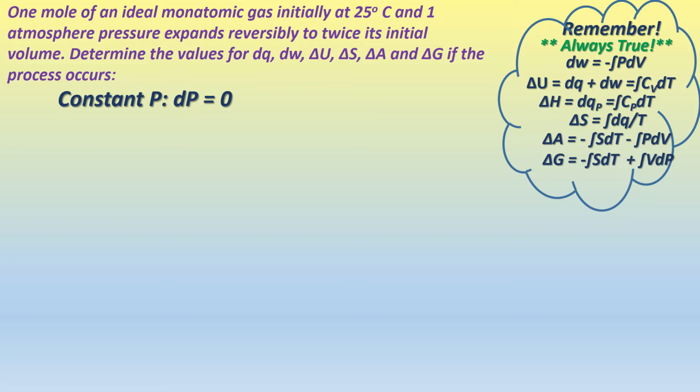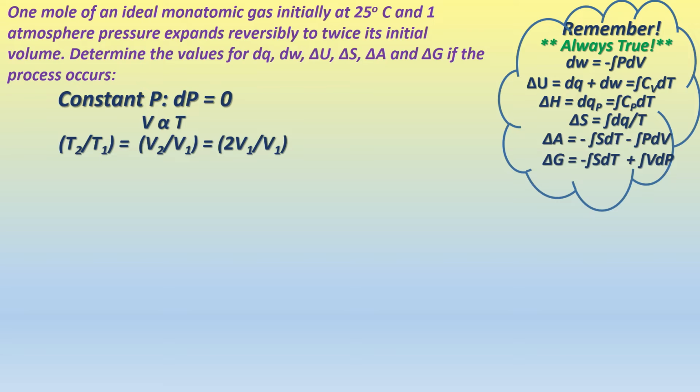In this case, you don't have very much that depends on pressure. But you are dealing with an ideal gas. Volume is related to temperature, where T2 over T1 is equal to V2 over V1.